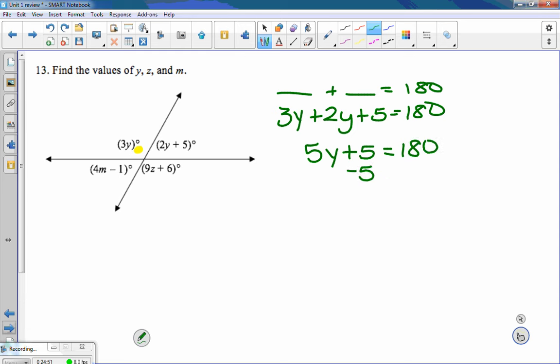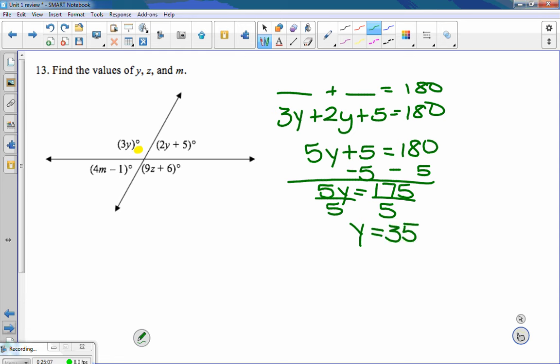Subtract 5. Put it away. 5y is equal to 175. Divide by 5. Y is equal to 35. All right.